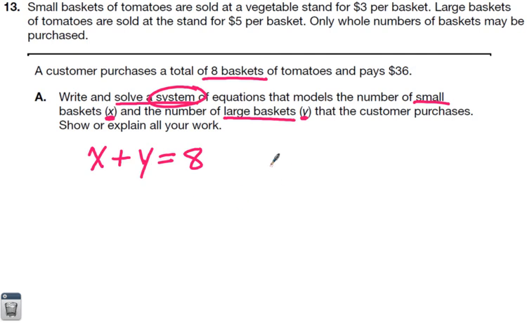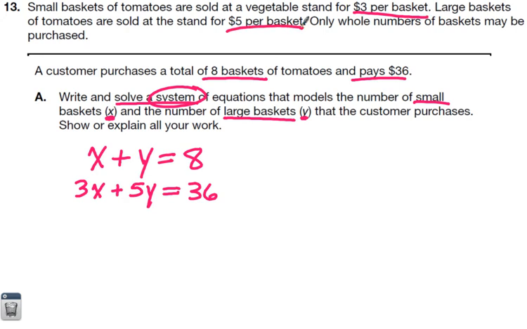The second equation should go like this: 3x plus 5y equals 36. Okay? It was also important to notice that there was $36 that you spent total, and that it was $3 for every small basket, and that it was $5 for every large basket.